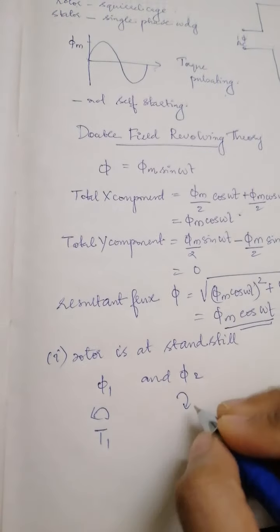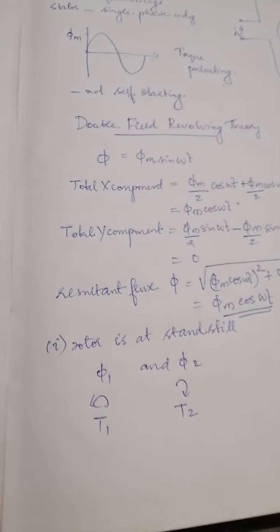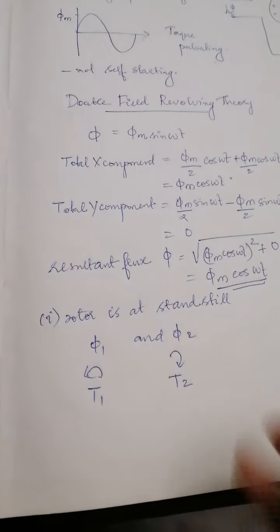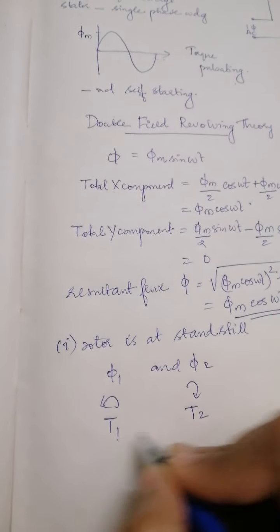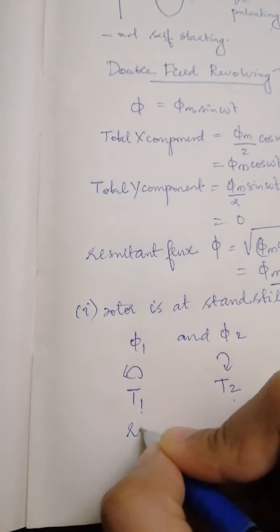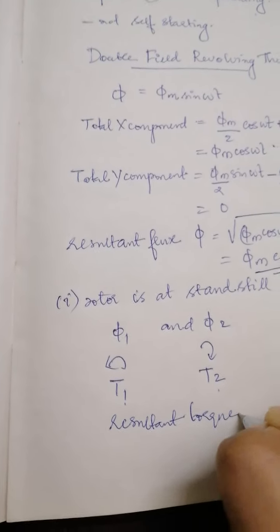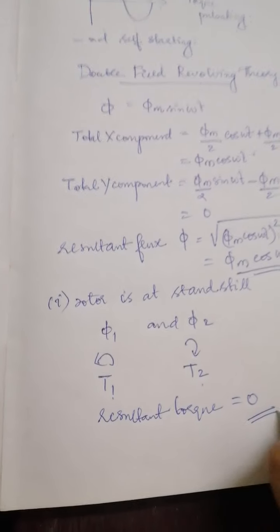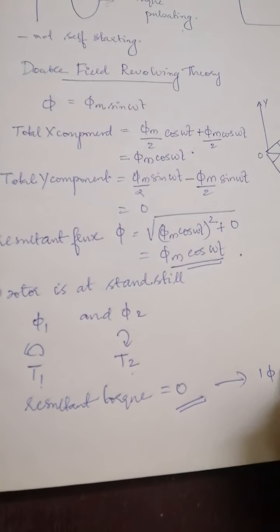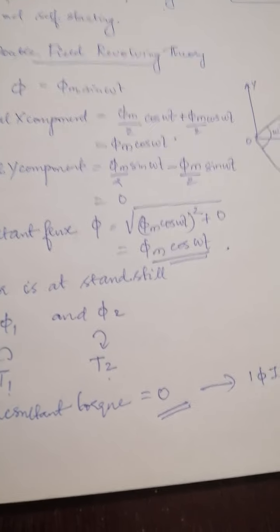Let T1 be the torque produced by phi 1 and T2 the torque produced by phi 2. At standstill, T1 and T2 will be in opposite directions and the resultant torque will be equal to 0. This is the reason why a single phase induction motor is not self-starting.